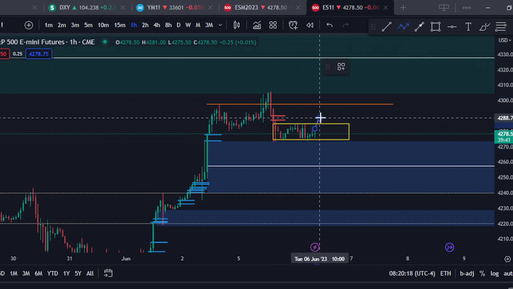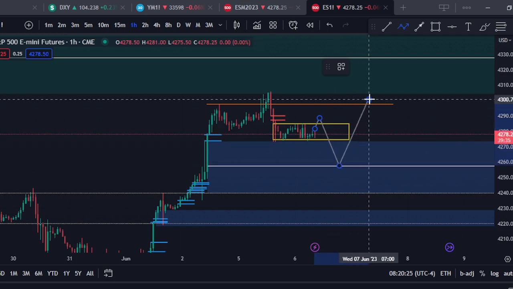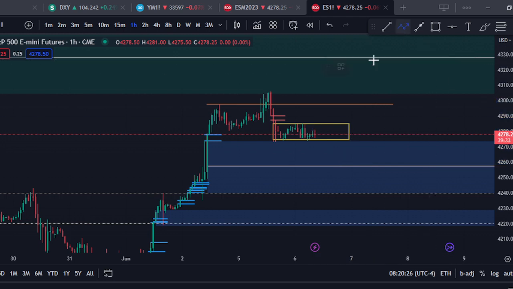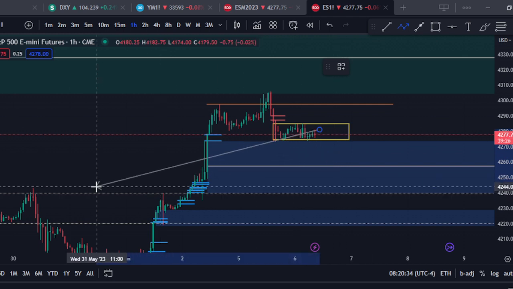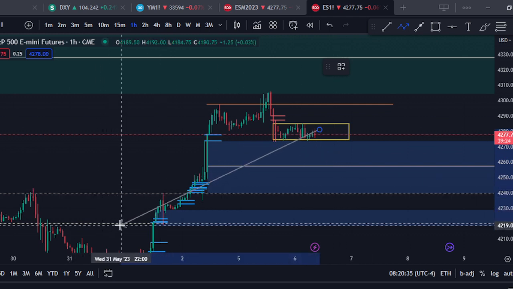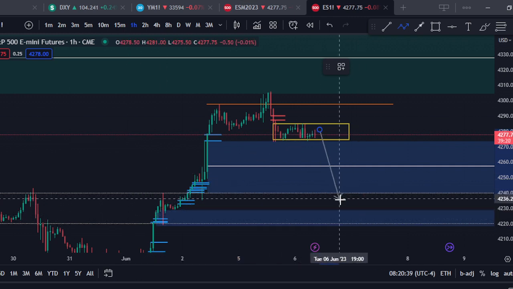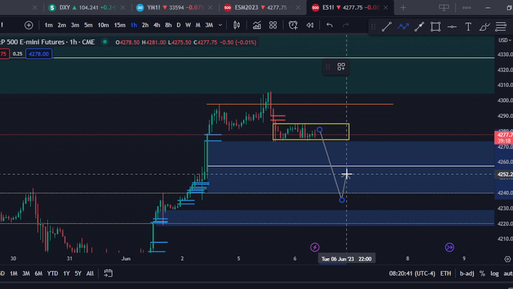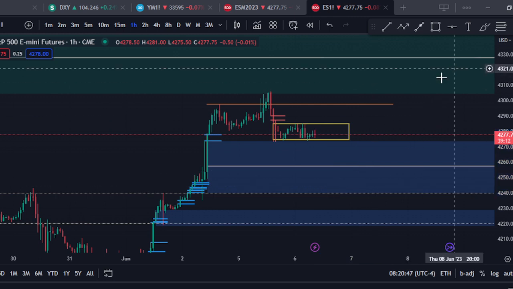We could do some situation like this, hit consequent encroachment, get back up, boom. That's another possibility. Or we could just come straight on down, close that gap. You see this white line here and this white line here, that is the new week opening gap from last week. Could get down in that area and then just stop and chill out. So those are some things we could do.